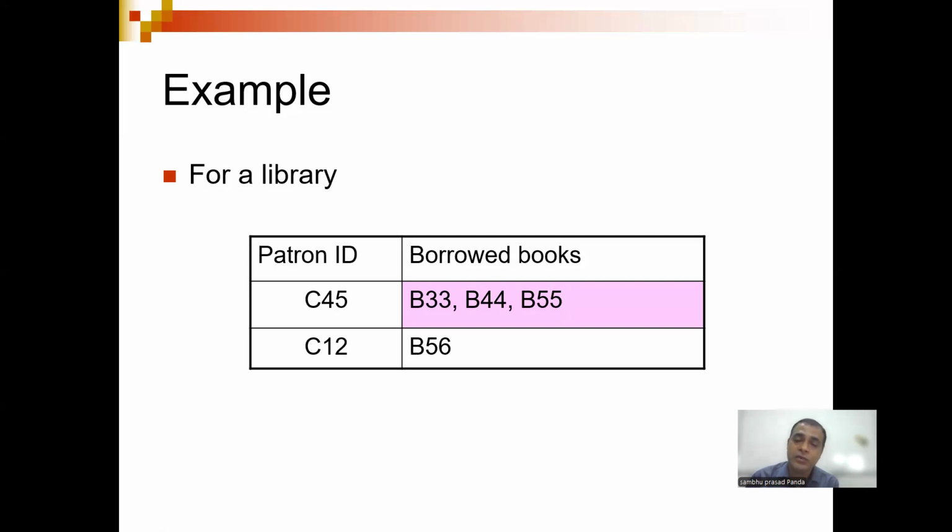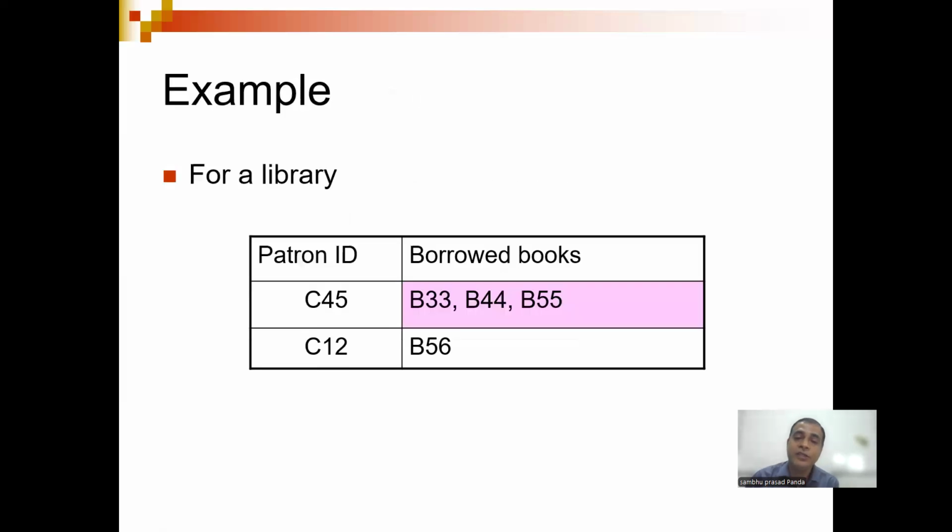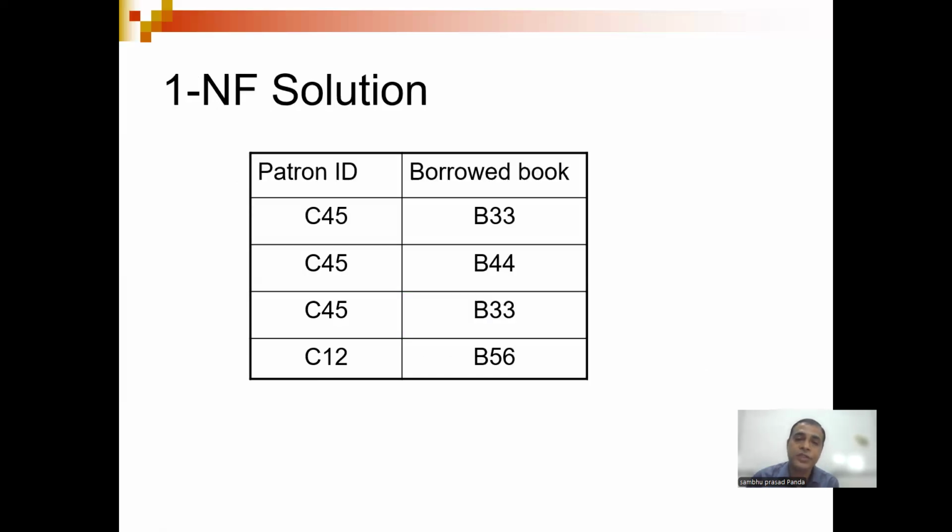So we will convert that into first normal form. Because C45 has B33, B44, B55 values, we will split that. C45 is B33, then C45 is B44, C45 is B55. So this is the first NF solution.